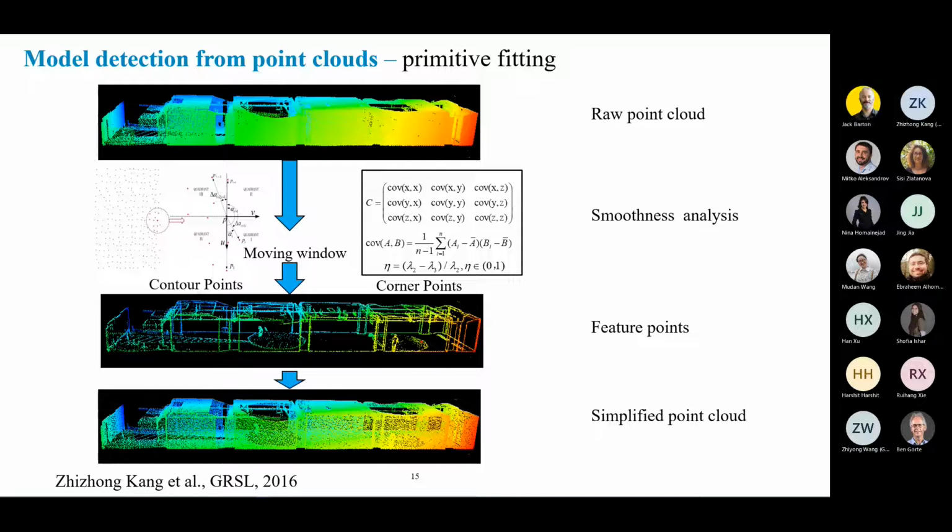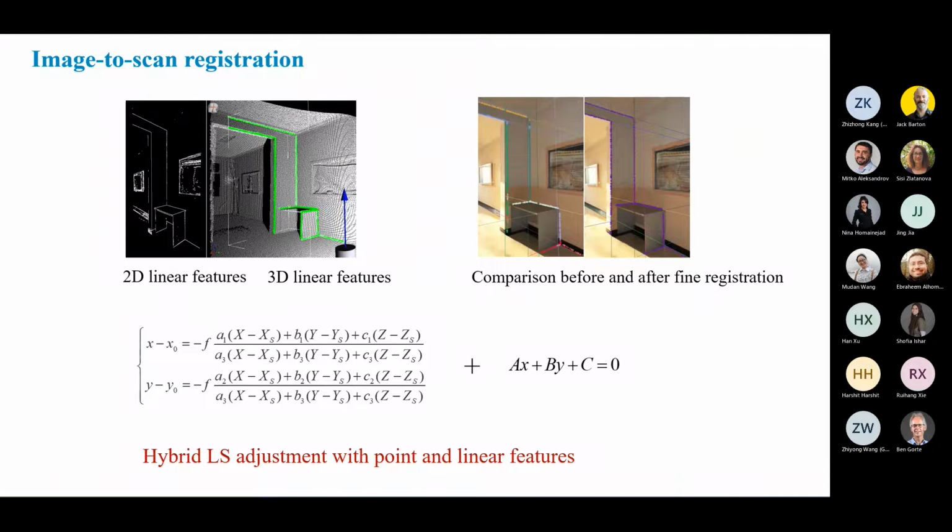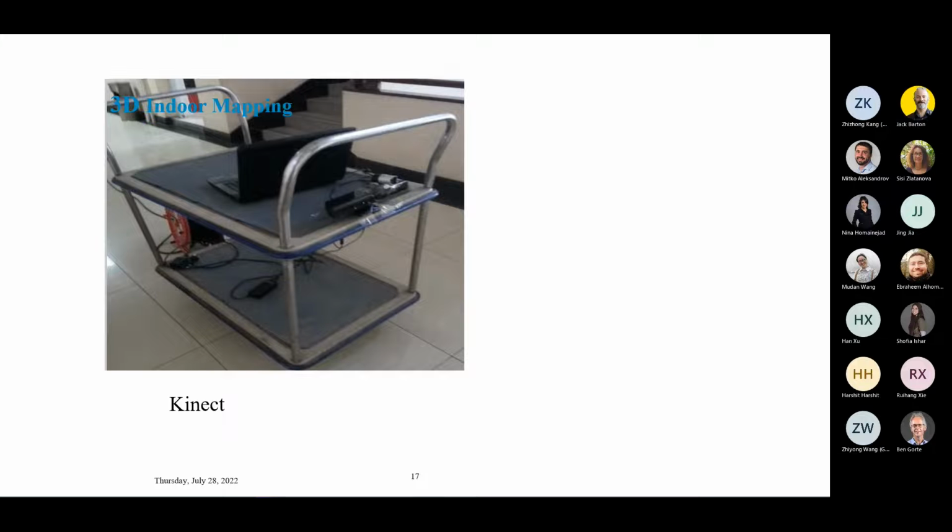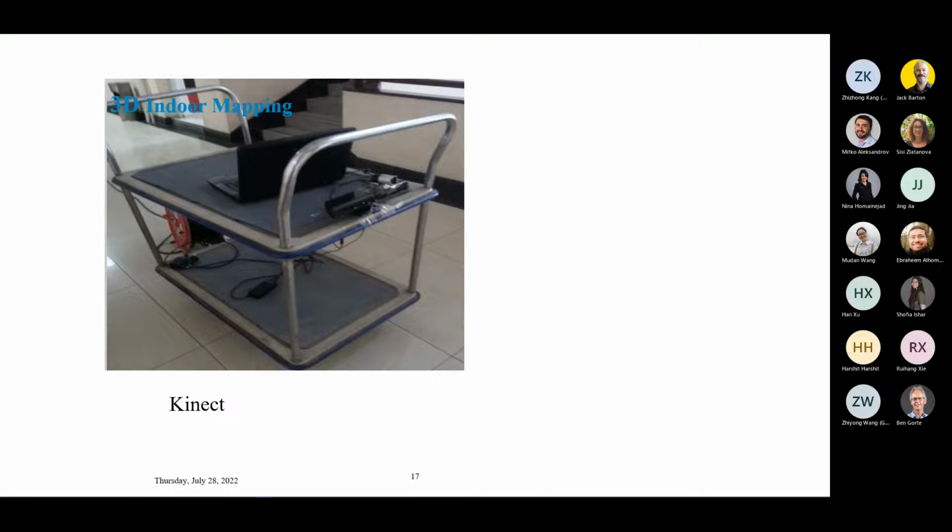Okay, and now you want the next slide. Which slide do you wish? The slide with the image of Kinect and Kinect 2. Okay, this one? Yeah, this one. Good.